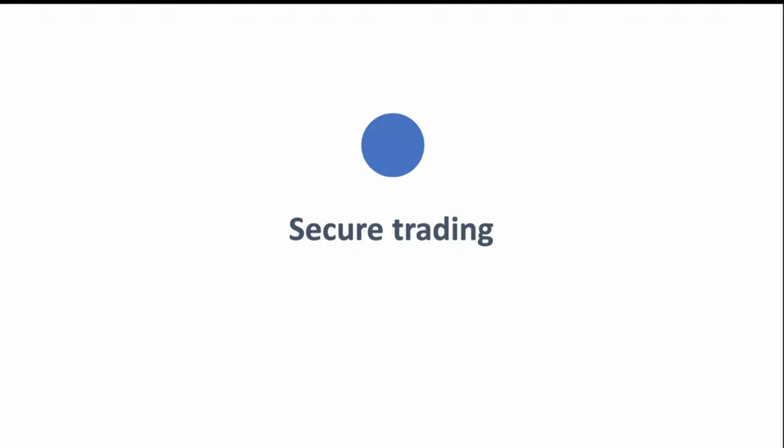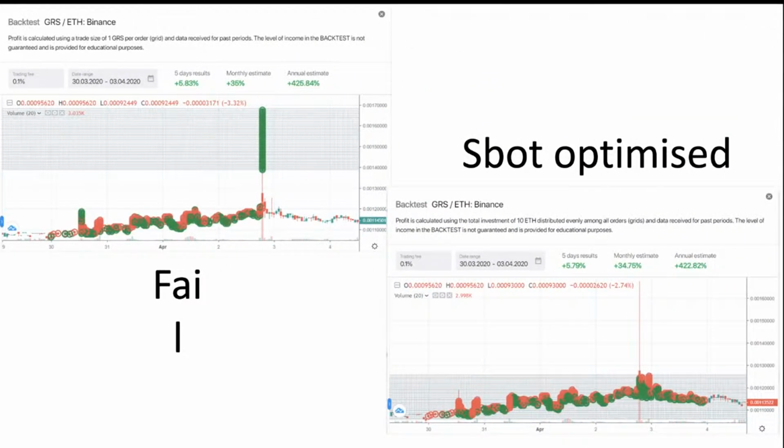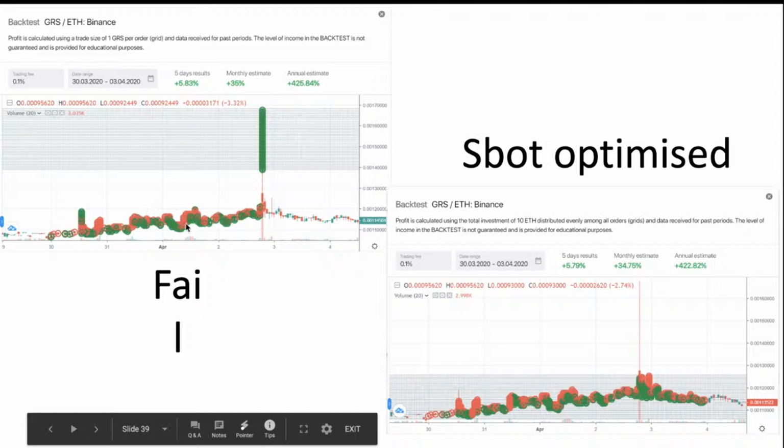And what we also have is secure trading mechanisms. For instance, we have SBot, and with the launch of SBot, which was approximately a month and a half ago, with the final deployment, we now have a feature which avoids extreme pump situations.